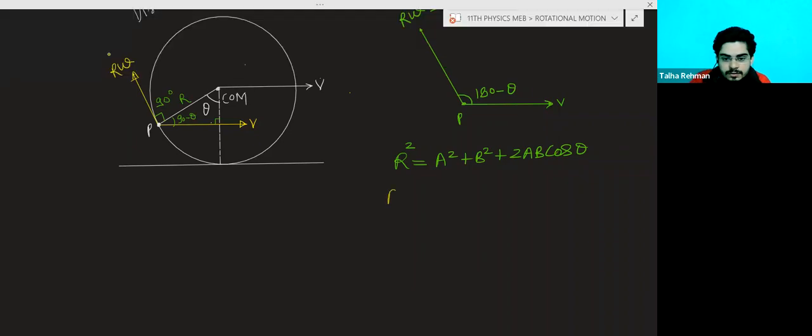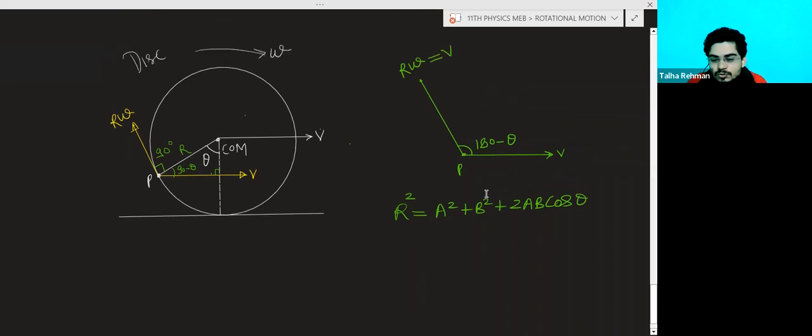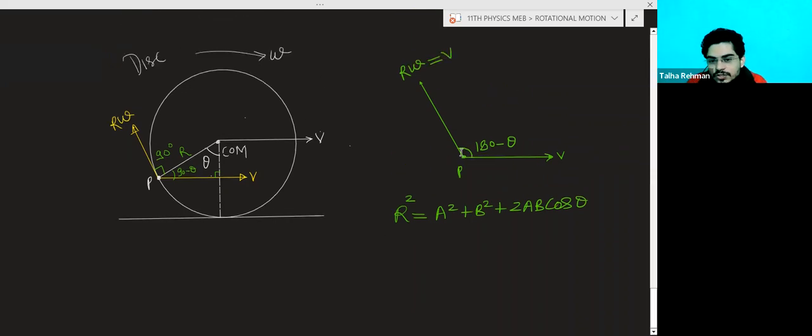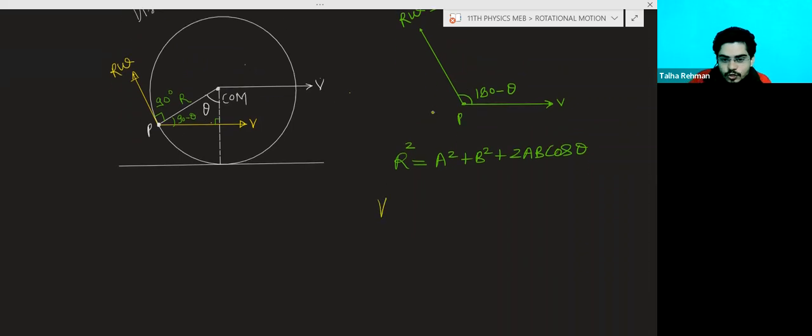So it will be R square. R is the resultant of this velocity and this velocity, which means the net velocity at point P with respect to the ground.